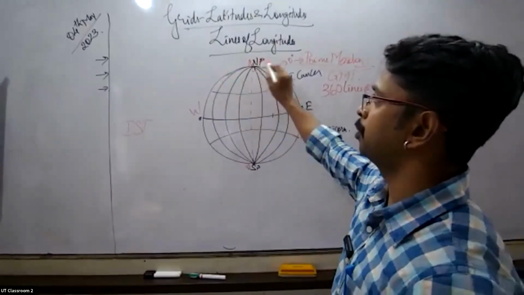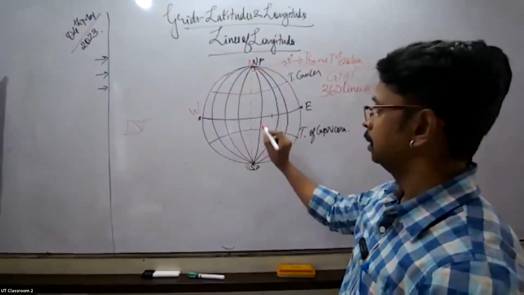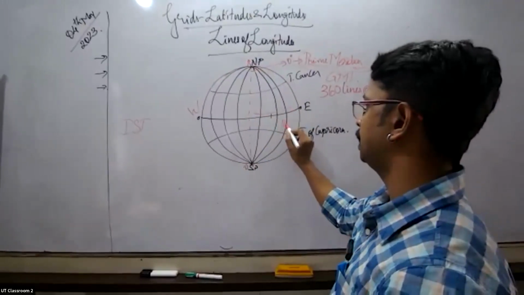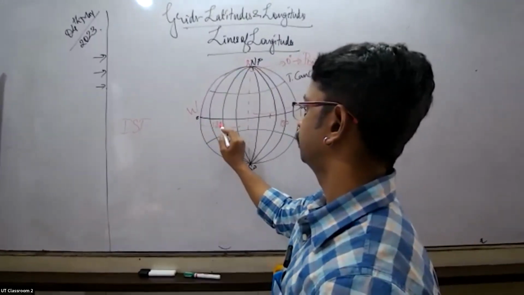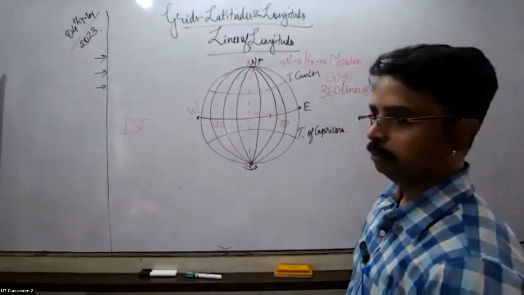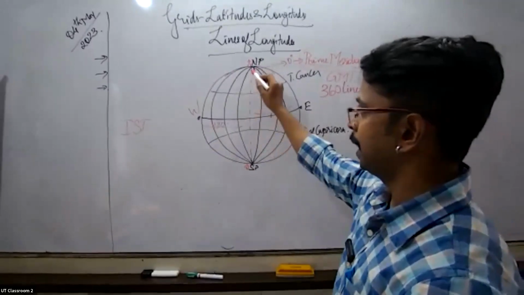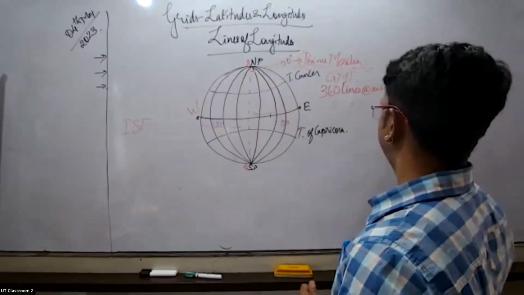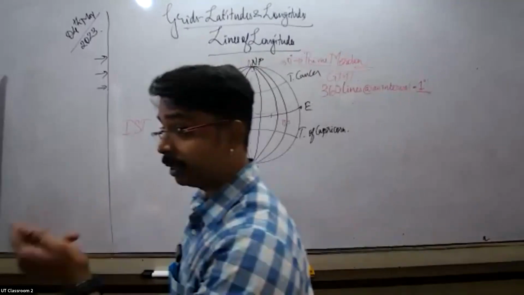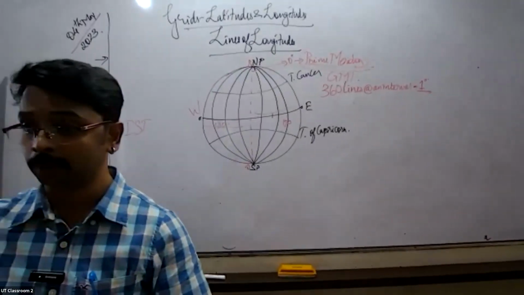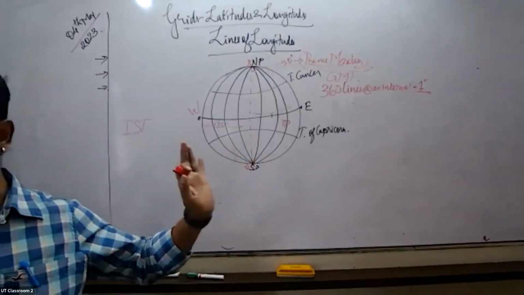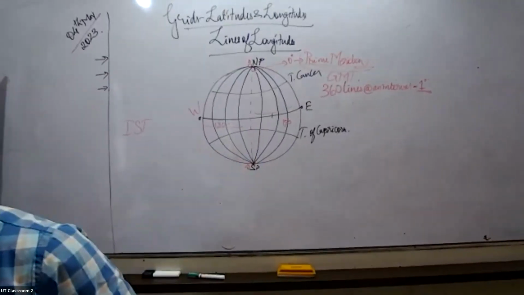If you say the circumference of the circle is 360, this side will be 180 lines, this side will be 180. And each line will be at how much interval? There also, latitudes are at 1 degree interval.